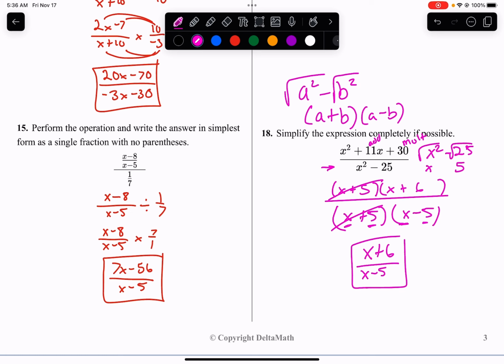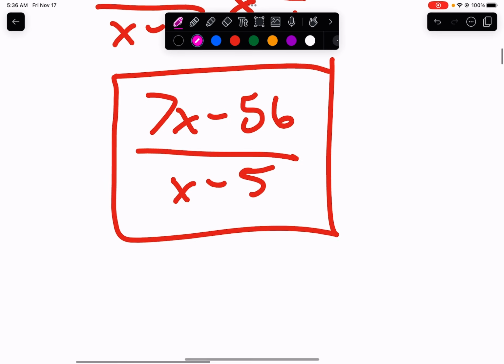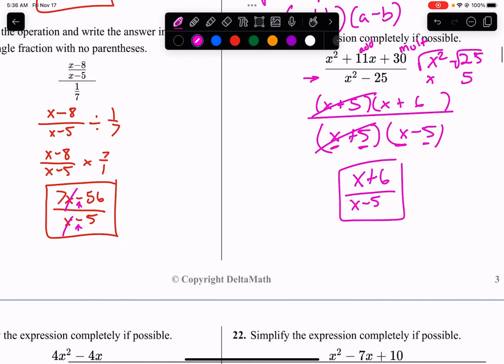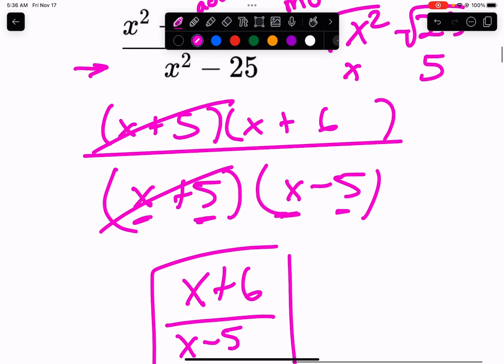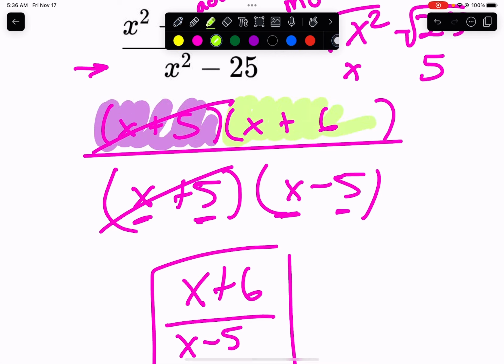Now, keep in mind, for example here, we can't cancel out the x's because we have these signs in between. But here, we were able to cancel these out because everything's being multiplied on the top. If we look at the actual factors themselves, this guy's being multiplied with this guy, and this guy's being multiplied with this guy.